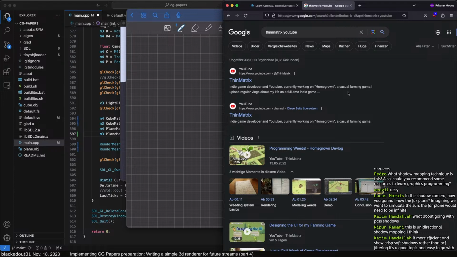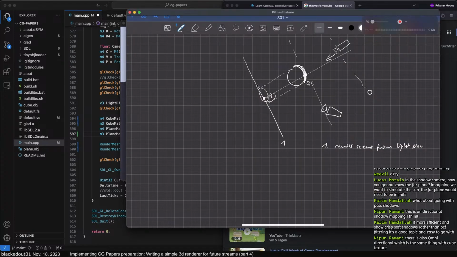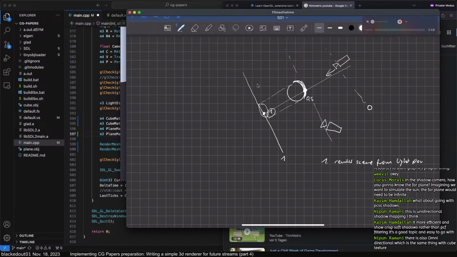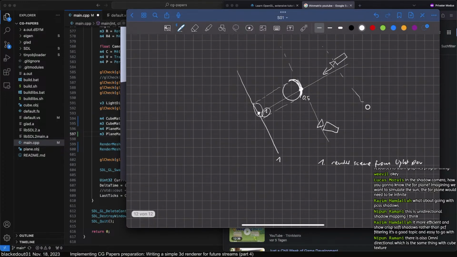Yeah, so I first want to implement the basics. Is in the shadow camera, how are you going to know the far plane? Yeah, so that's one of the problems with this approach. We have to just set some values.